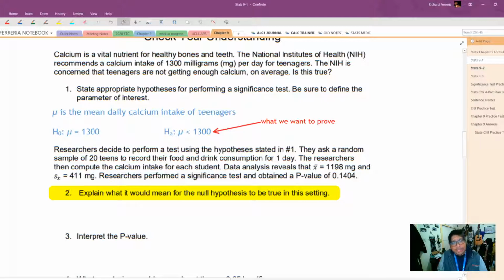Researchers performed a significance test and found a p-value of 0.1404. So what would it mean for the null hypothesis to be true in this setting?